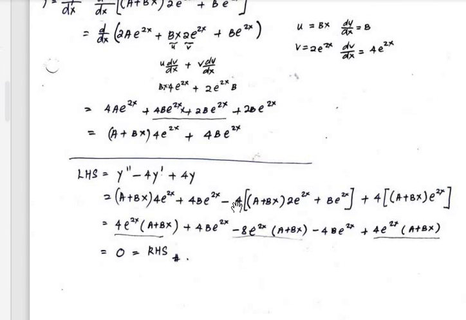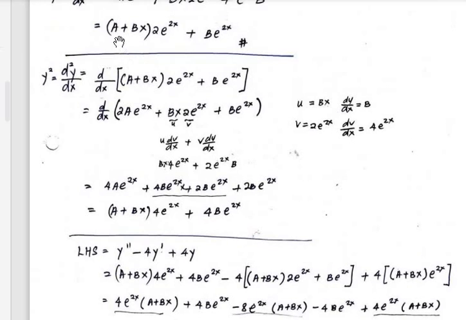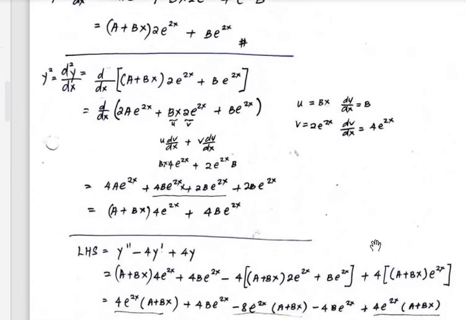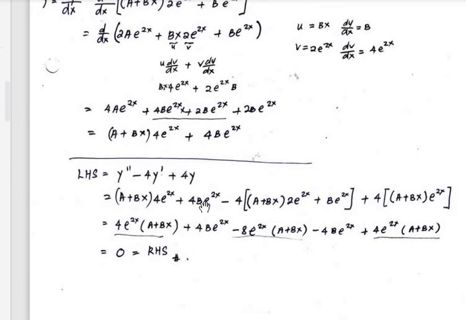For y prime you get this one, so you substitute everything here, plus 4y. For y, it is from the equation (a plus bx) e^(2x). So when you sum everything up, it is equivalent to 0, which satisfies the definition of a solution of the ODE. So the left hand side is the same as the right hand side.